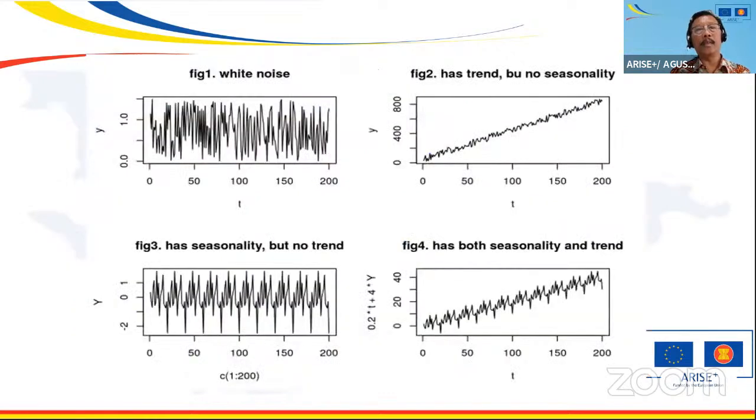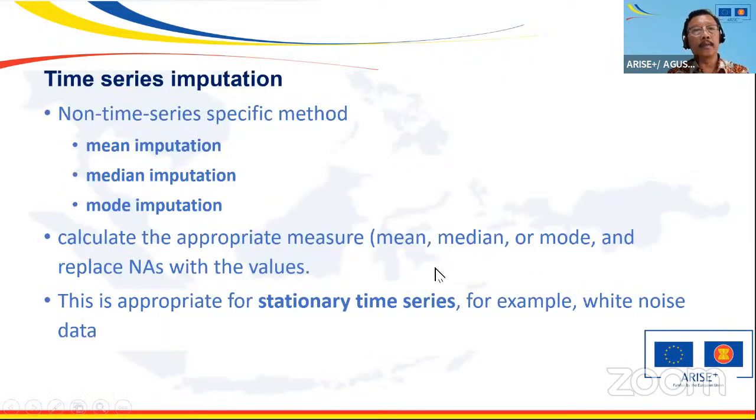I don't want to repeat this. We decompose, we have this kind of component. And this is if you are using non-time-series-specific methods, mean imputation, median, mode, we can still use that.